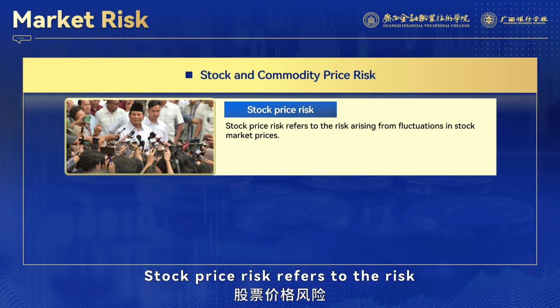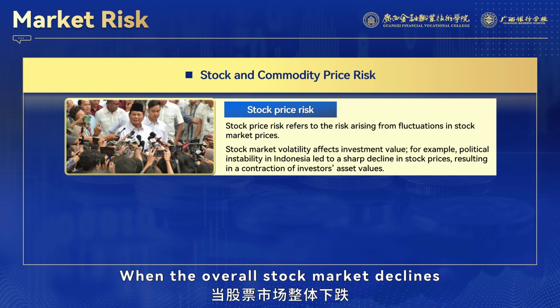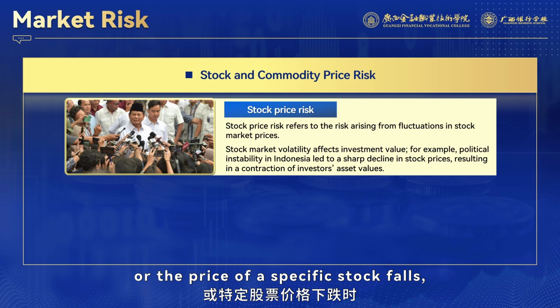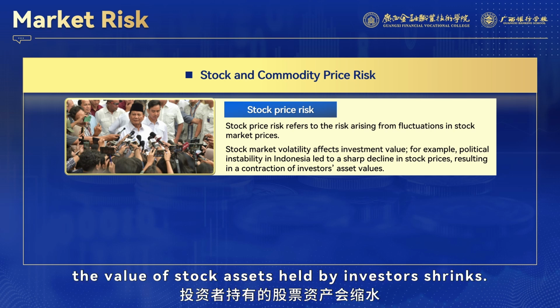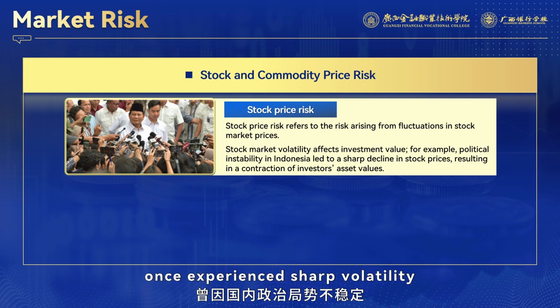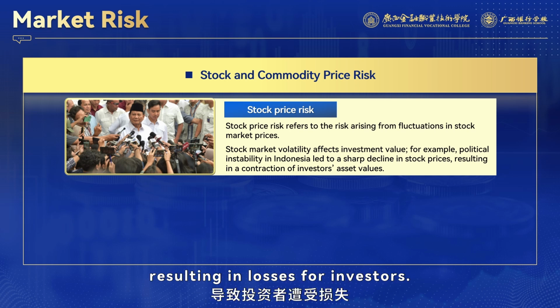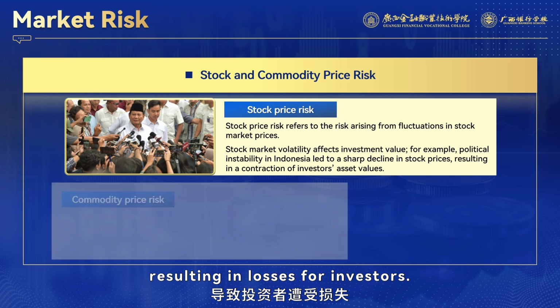Stock price risk refers to the risk arising from fluctuations in stock market prices. When the overall stock market declines or the price of a specific stock falls, the value of stock assets held by investors shrinks. For instance, Indonesia's stock market once experienced sharp volatility due to domestic political instability, resulting in losses for investors.